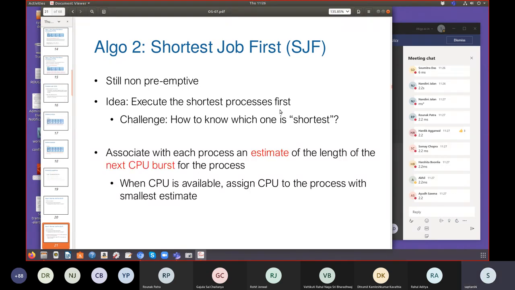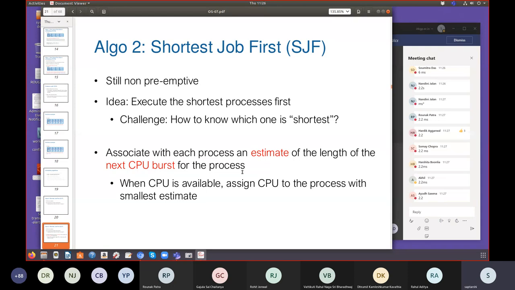There is no easy way of doing this. We will discuss this point, but there is no easy way of knowing this. No process will tell the kernel, oh, my CPU burst time is this. No process does that. So what can be done? This is the standard procedure that is followed: associate with each process an estimate of the length of the next CPU burst for the process.